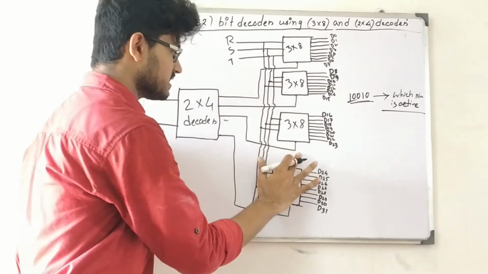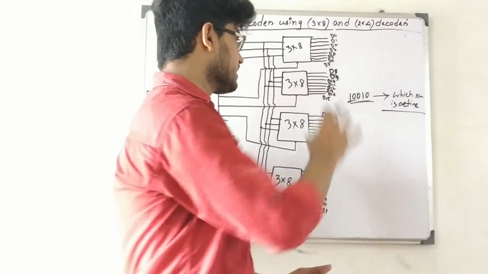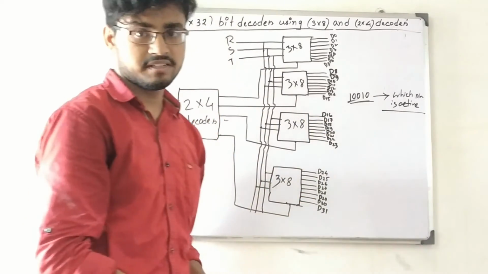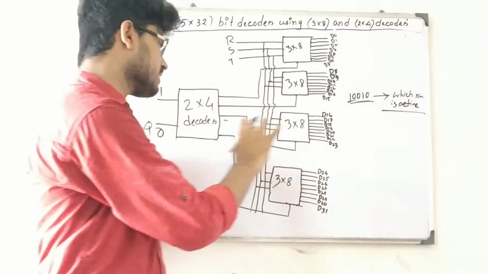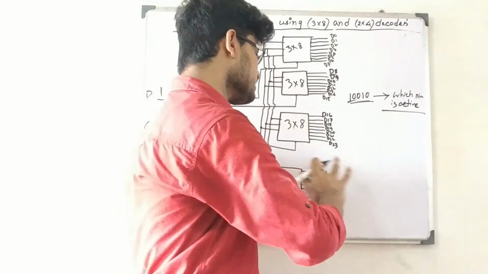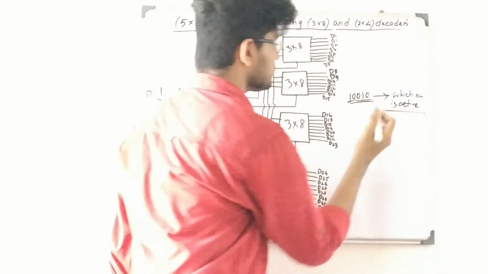As this pin is active, only this decoder will be activated, and the rest of the 3x8 decoders are in inactive state. Only this third decoder, as this third pin is high, is active here.